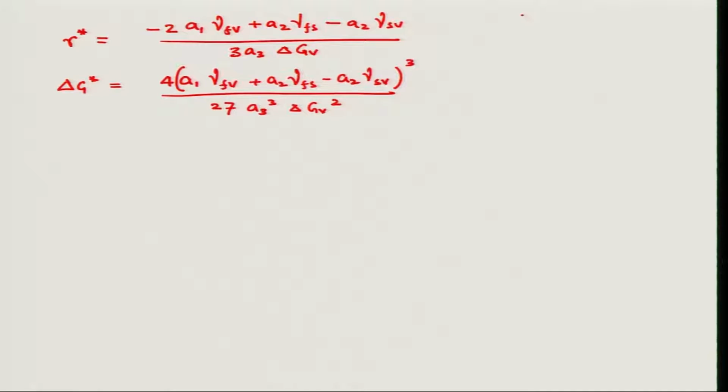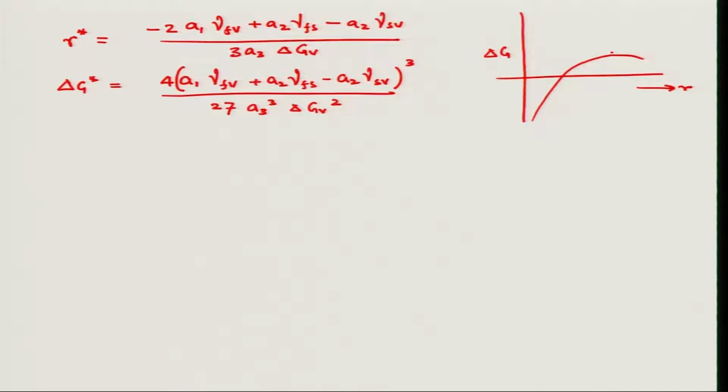So this delta G would have a behavior like something like this, and this is R.